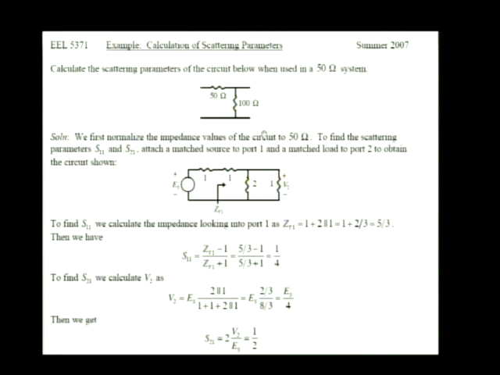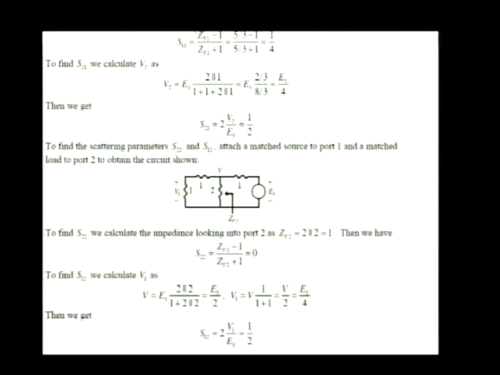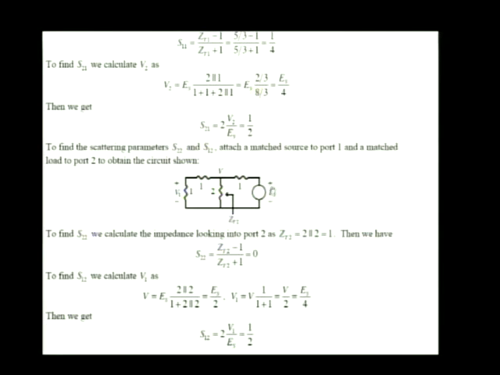You're being asked to put a matched source onto port 1 and a matched load onto port 2 and do some circuit calculations to find these 2 scattering parameters, and then do another circuit calculation where you put the matched source onto port 2 and the matched load onto port 1 and do some circuit calculations to find the other 2 scattering parameters. Any questions on this example?